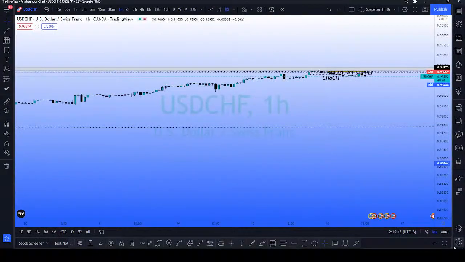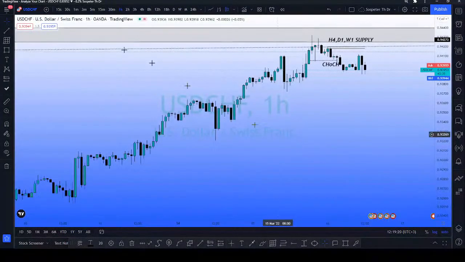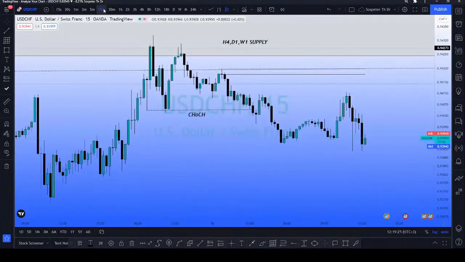So for the lower time frame, M15, just look for a change of character. So this is our H4 D1 weak one supply, flash one. So we have this change of character to the downside. Which supply was responsible for pushing the price to break the structure to the downside?